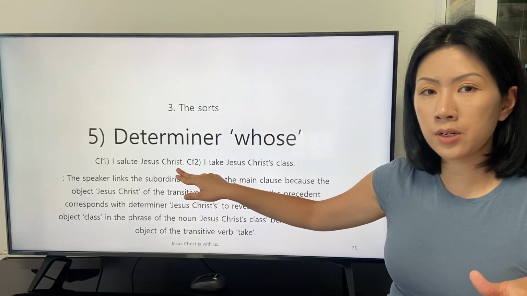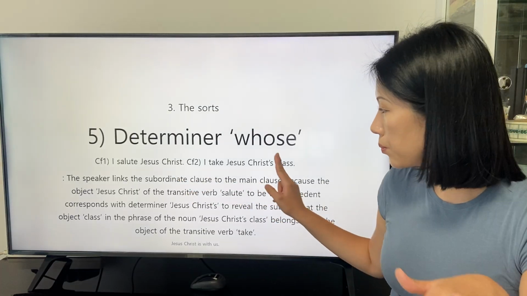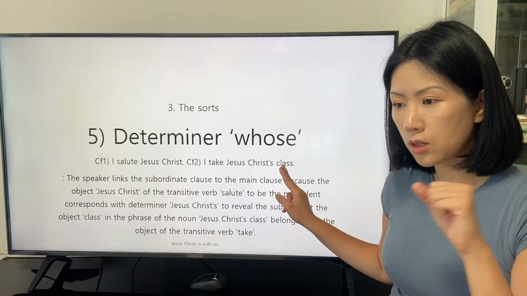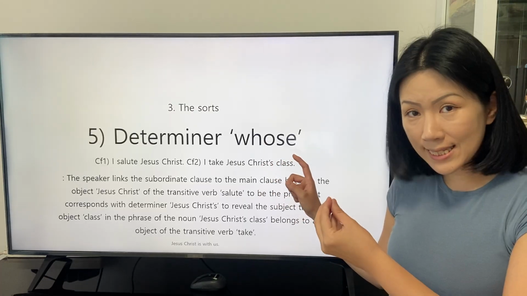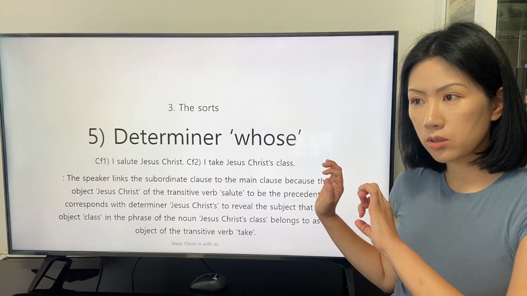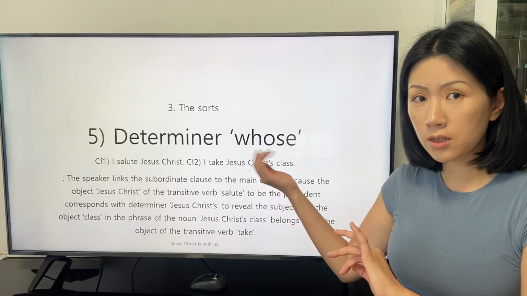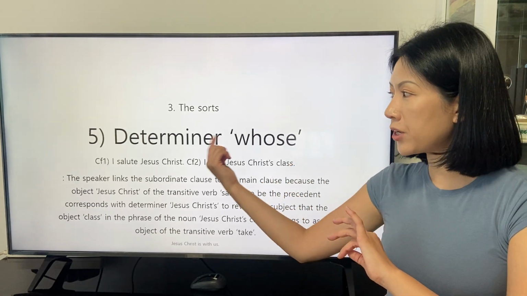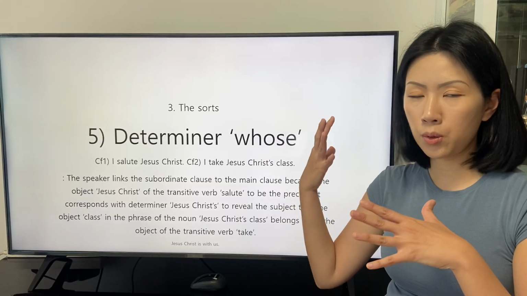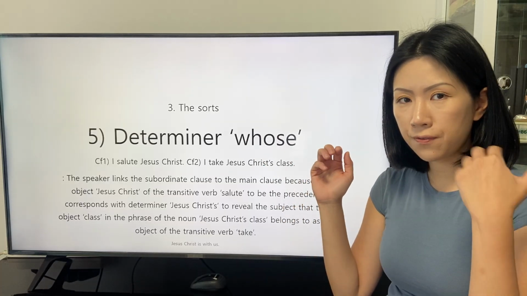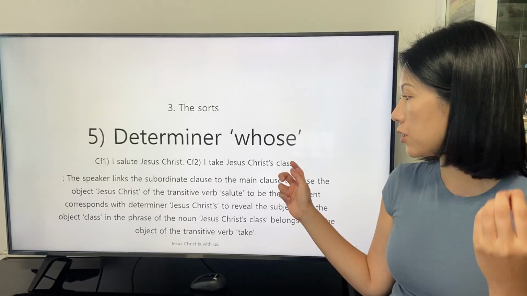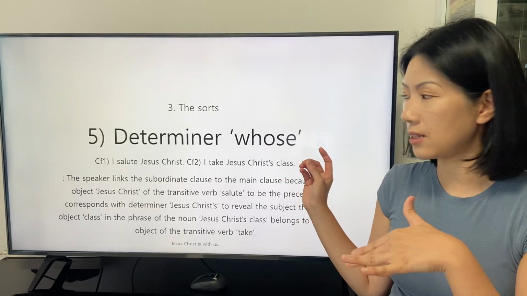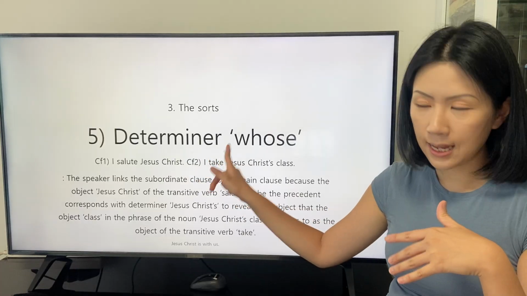And the speaker states what is owned by Jesus Christ, class, right after the determiner whose. So the phrase of the general noun class is like this: whose class.